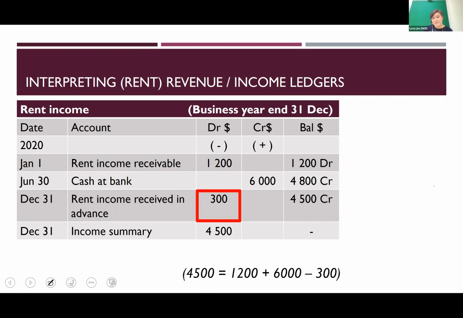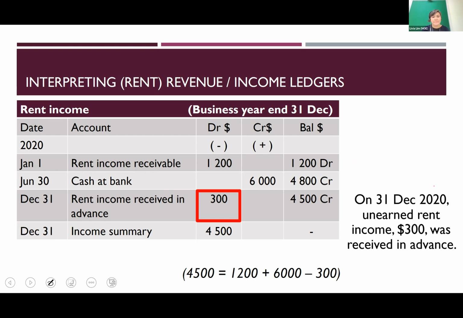Now, the cash at bank is quite straightforward, so I will go directly into 31st of December, rent income received in advance. So how would I describe or interpret this $300 on 31st of December? I would say something like that. On 31st of December, 2020, which is the year end and the date, unearned rent income.